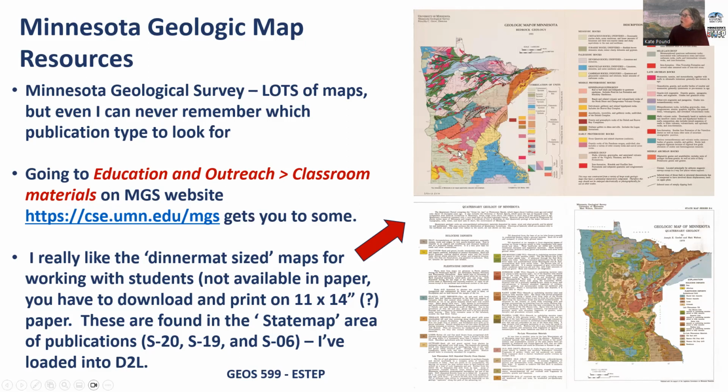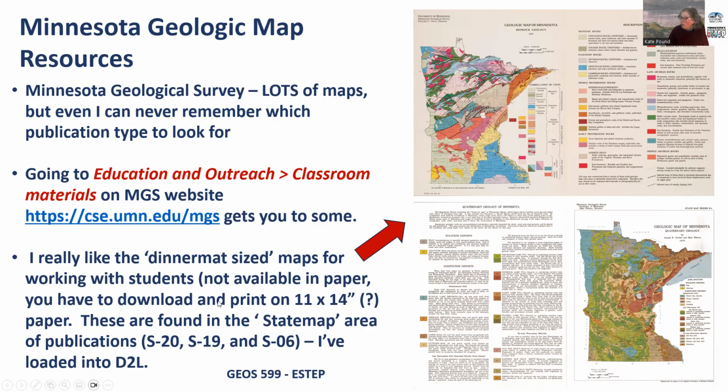Now, over here on the right are two of what I call the dinner mat sized maps that are available. I really like these because they're not unwieldy. The big issue is they are, I'm so sad, not available in paper anymore.